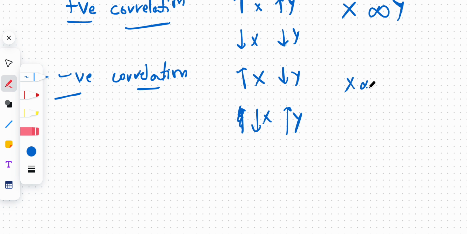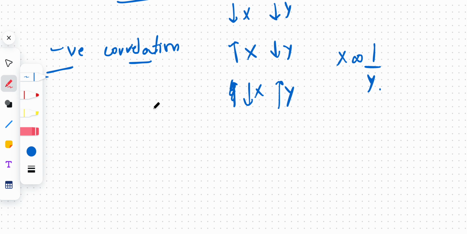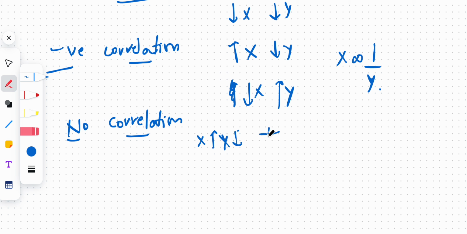That means they are inversely proportional, right? And there is one more kind, no correlation. That would mean increase or decrease in x has no correlation whatsoever to any increase or decrease in y.